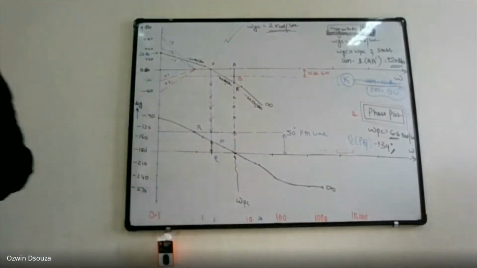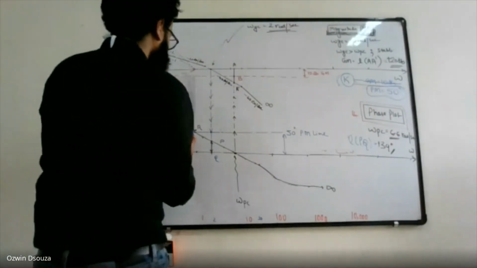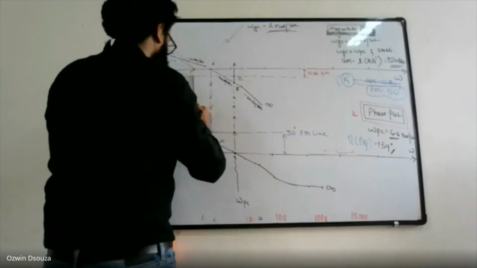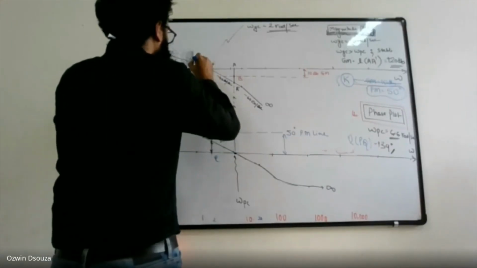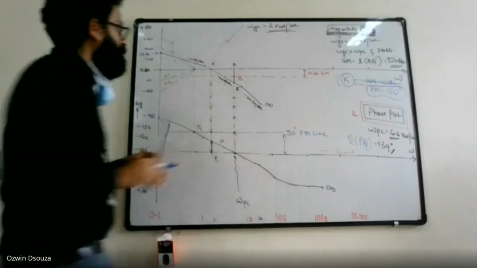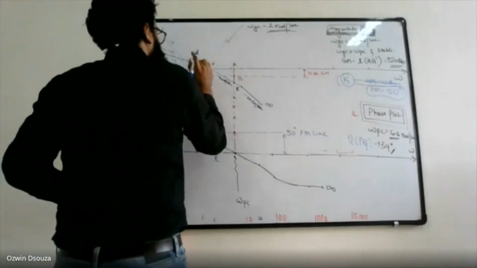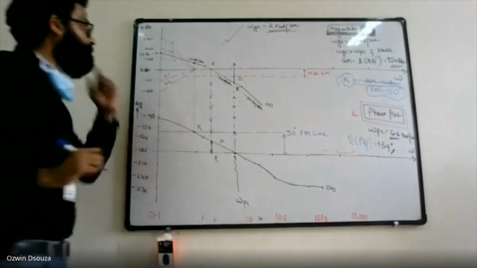All right. So what you have to do is from that point, you draw a line vertically upwards, such that that line cuts your magnitude plot. So the line will cut your magnitude plot somewhere over here.